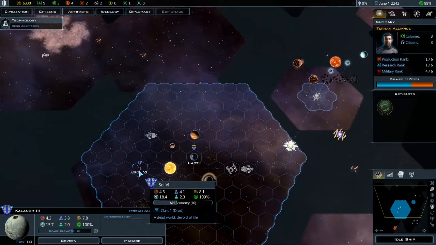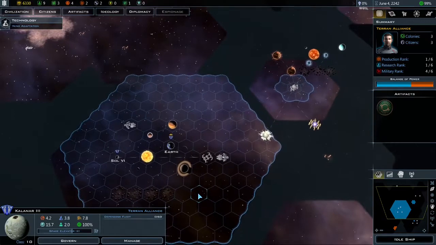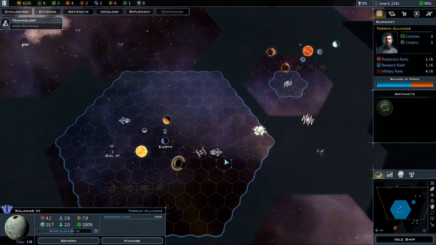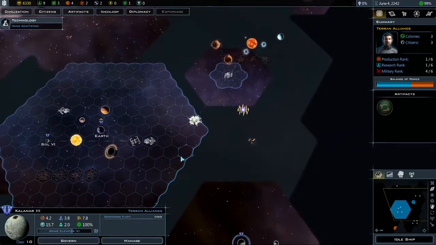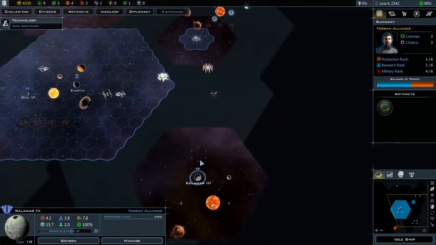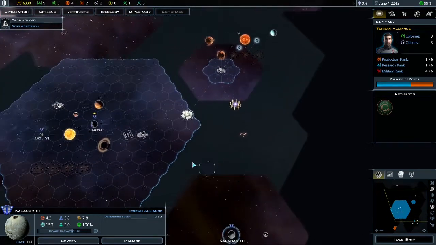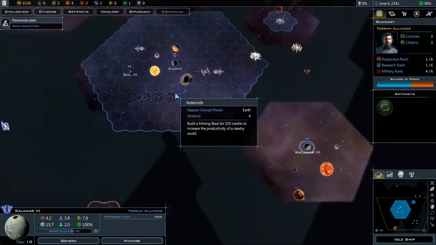A smuggler colony is a trade resource, and that really affects your tourism and your influence. If you find a planet with that and you are going for influence growth, it's pretty nice to have it, and you can just send in a colony ship right away to capture that before anyone else does.